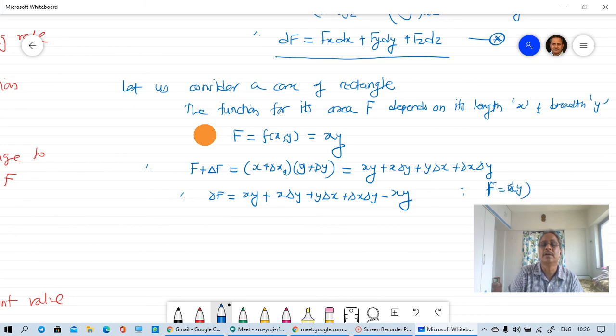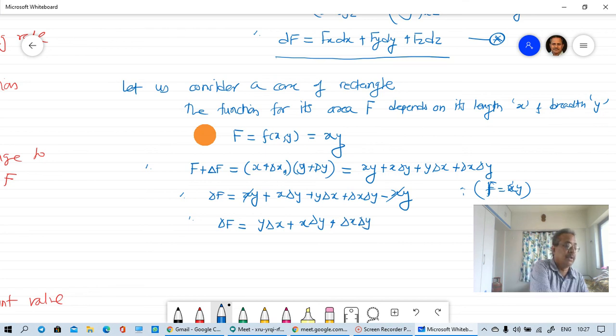So that cancels. Therefore the change in area of the rectangle will be given by y delta x first, then x delta y second, and plus delta x into delta y.